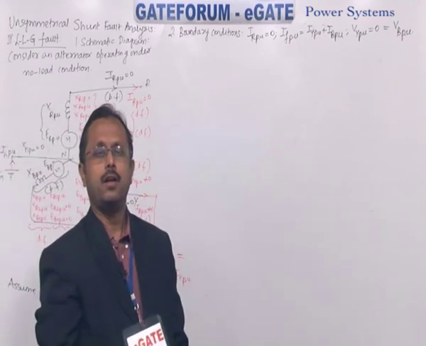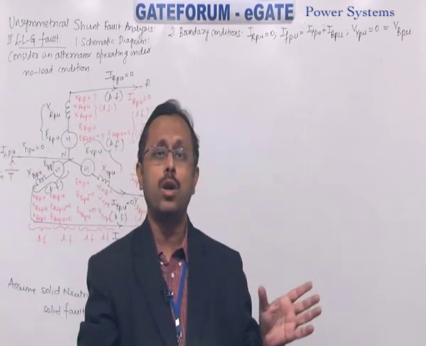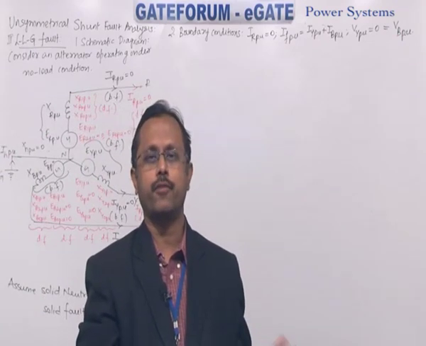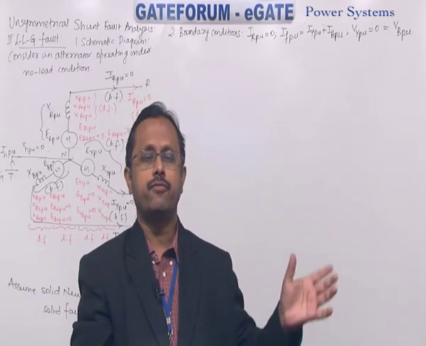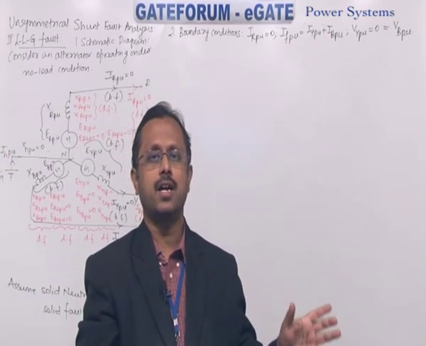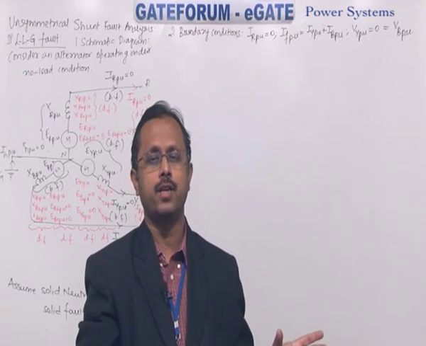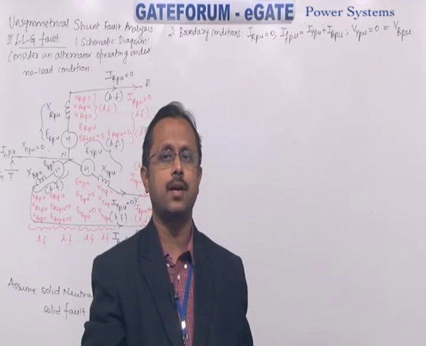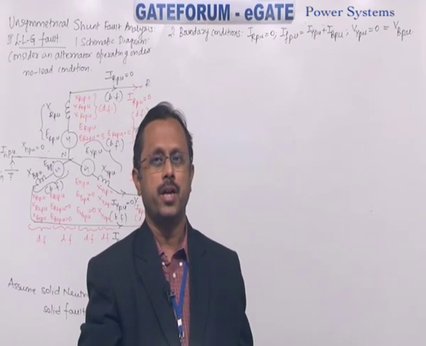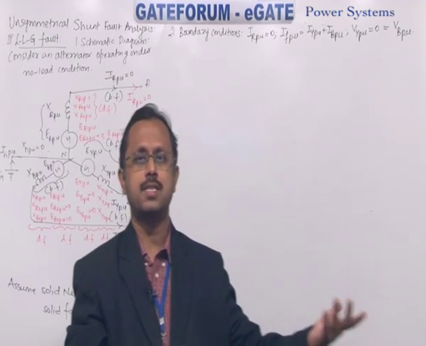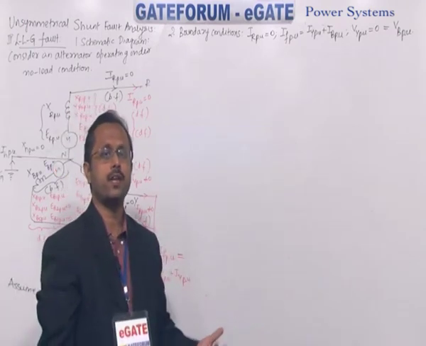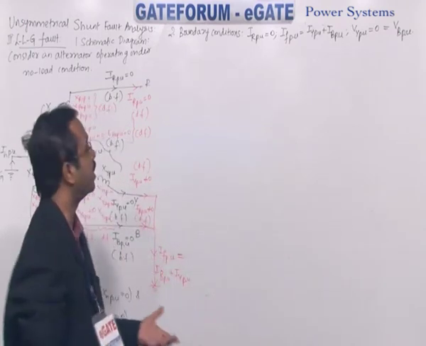Now we find the sequence voltage components of R phase. In the LG fault you got the sequence current components of R phase. Now we find the sequence voltage components of R phase. You make use of the boundary conditions and accordingly you can identify what can be determined.